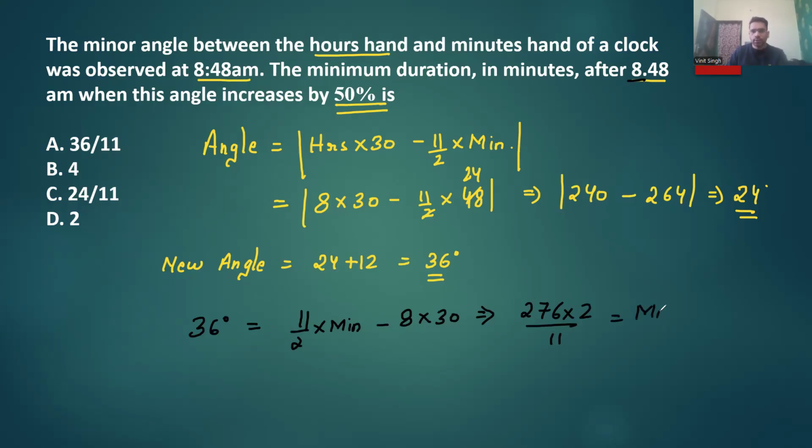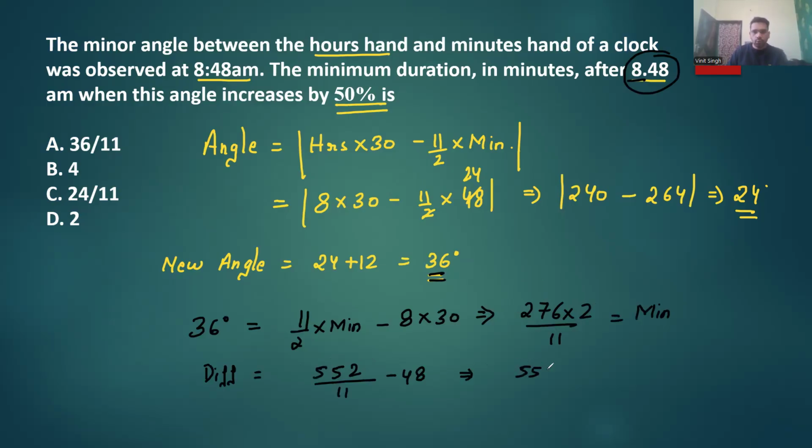At that time you will get the angle of 36 degrees. But we have to find the time between 8:48 and this minute. So the difference is 276 into 2, which is 552 upon 11, minus 48.